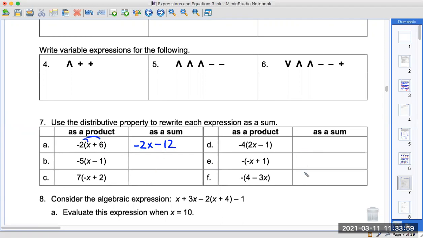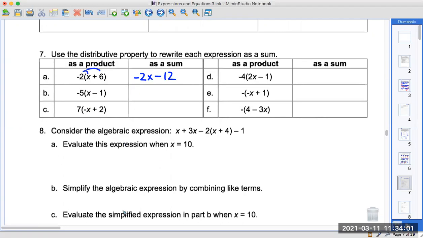And you do all these. And then I'm going to give you 8, which is a little tricky. Evaluate the expression when x is 10. So you're going to plug in for every x the number 10 and come up with one number answer for this whole expression. That's what evaluating is. Some students call it plug it in, plug in x.